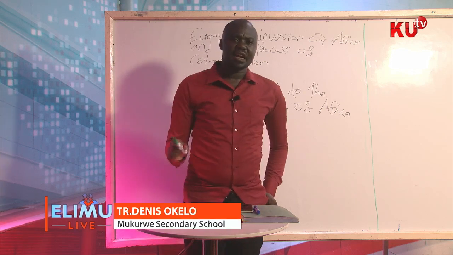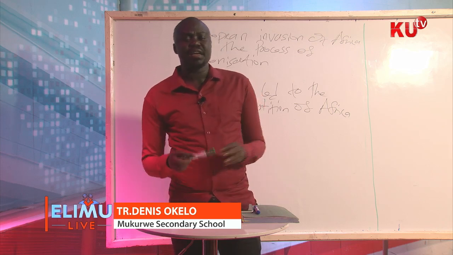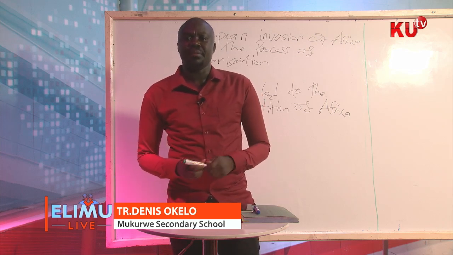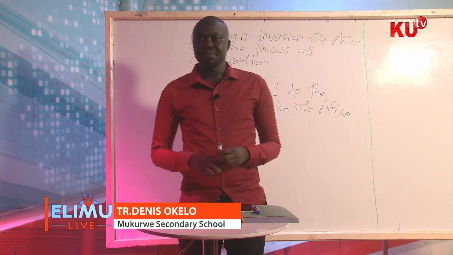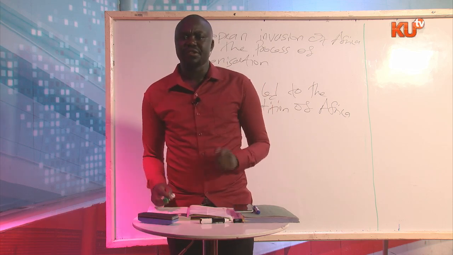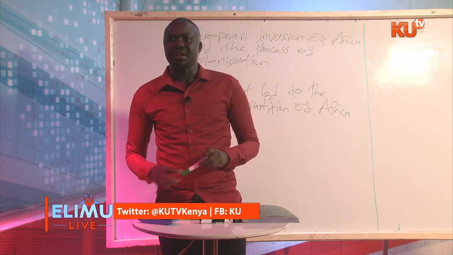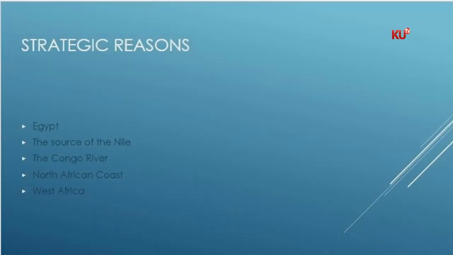Now, this agreement with the Egyptian meant that they had to sign an agreement. At that time, Egypt was under the Ottoman Empire. So when they signed an agreement with the then king of Egypt, the king requested them to protect Egypt's only source of livelihood. That takes us to the second point. You can see in the slide there, the source of River Nile. Now, the Nile is like the umbilical cord of Egypt.